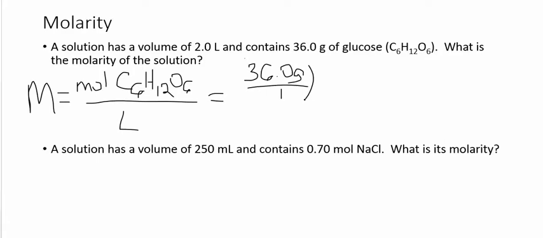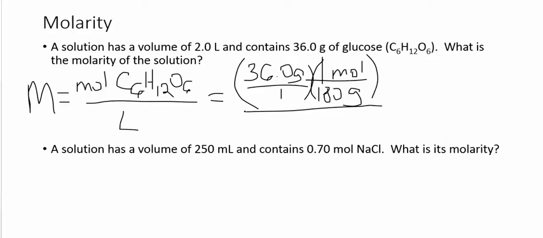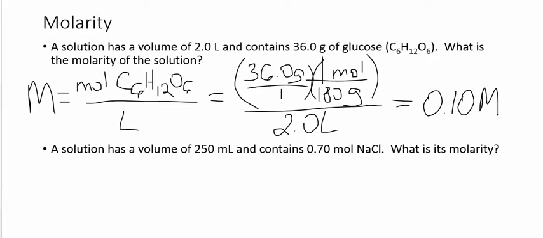But I need moles, so I need to divide by the molar mass of glucose in 1 mole. The molar mass of glucose is 180 grams, divided by liters of solution, which is 2 liters. And so the numerical value for concentration is 0.1 molar, and we can just label that as a capital M.